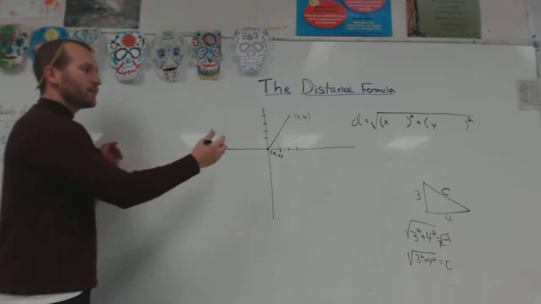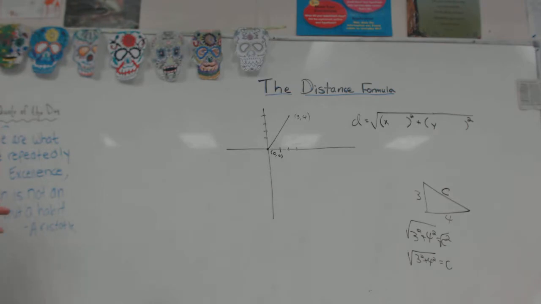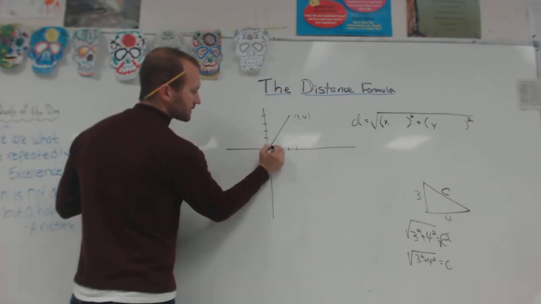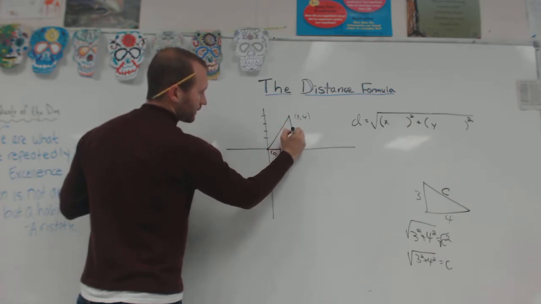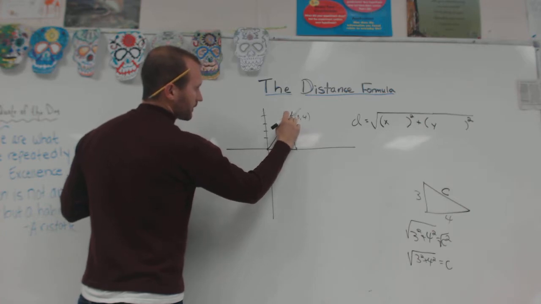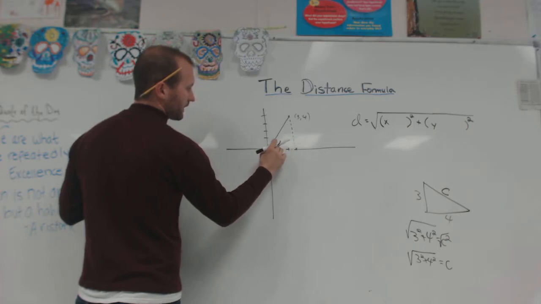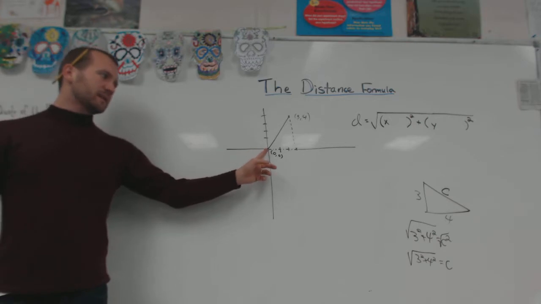Right? And we can find that distance using the Pythagorean theorem and figuring out this length and this length. So let's make those dotted lines, even though this one's on the axis. I'll kind of make it dotted. So what is this length here?